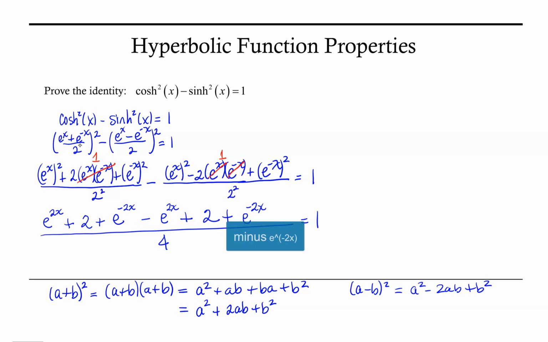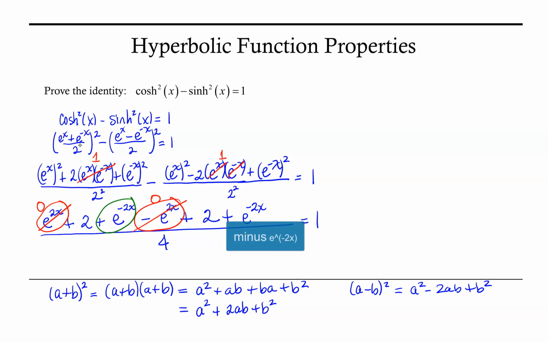Now, I can go through and start combining like terms. So e to the 2x and a minus e to the 2x, those will add to 0. And then we have a positive e to the negative 2x.